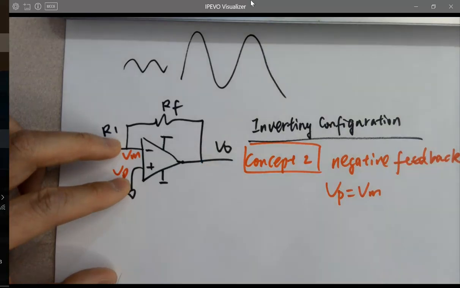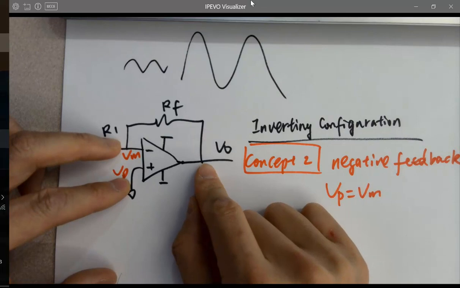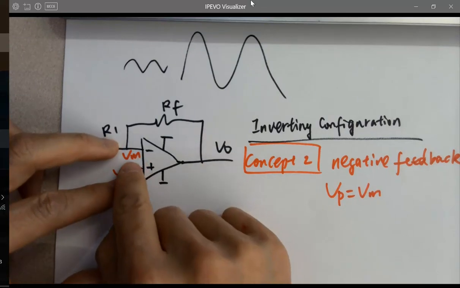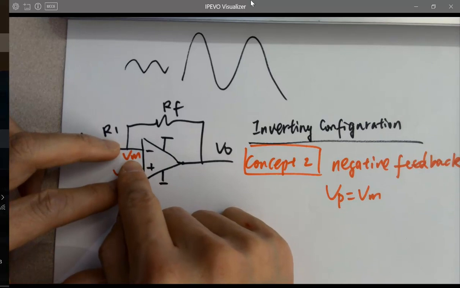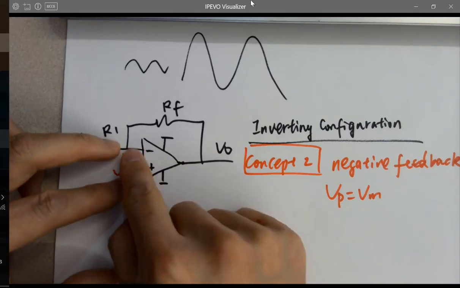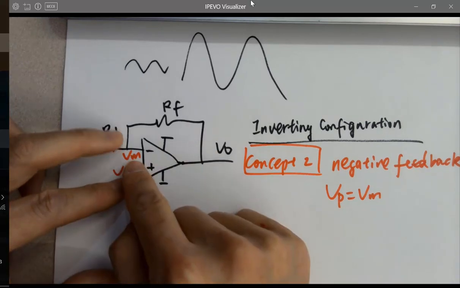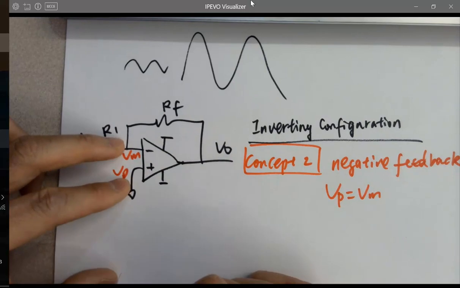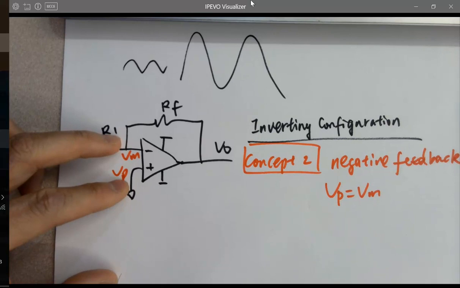But because V minus is a little bit low, the output will dump a little current in here to charge it up and make them equal, because of negative feedback.